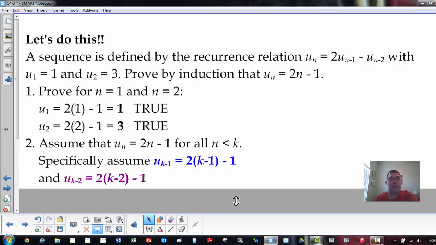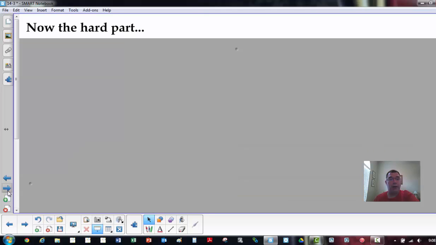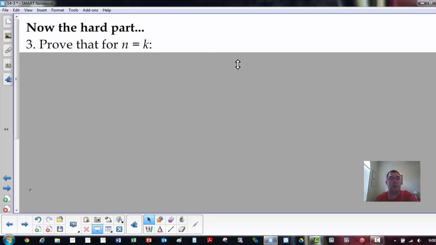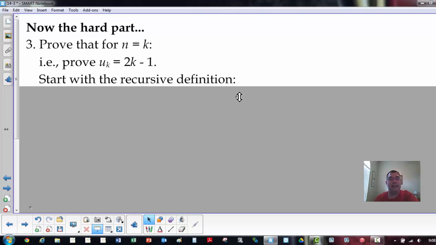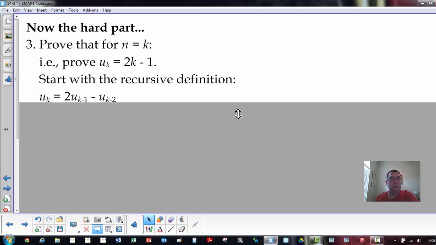The k minus first term is going to be written as 2 times k minus 1 minus 1, and the k minus second term is going to be 2 times k minus 2 minus 1. We're going to assume those are true, and then prove for n equals k. That's the hard part. All right, so we're going to prove that the kth term is actually 2 times k minus 1 based on the assumptions that I did in step 2.